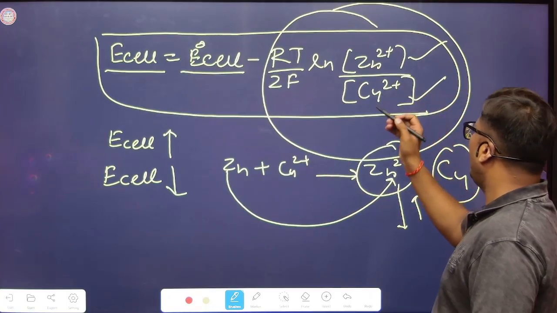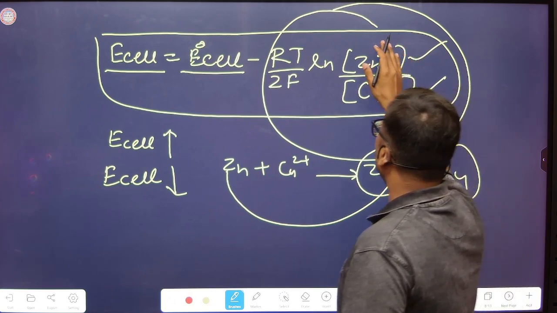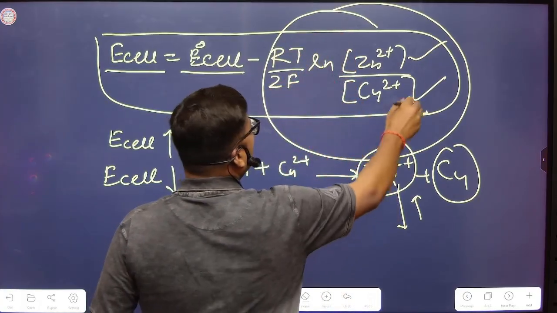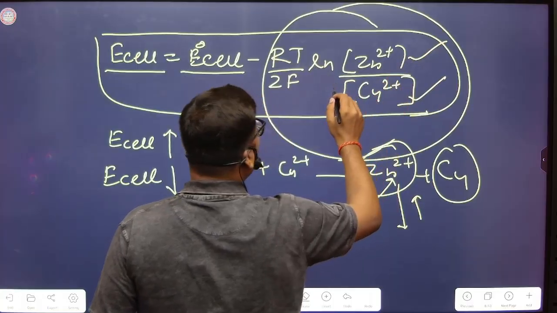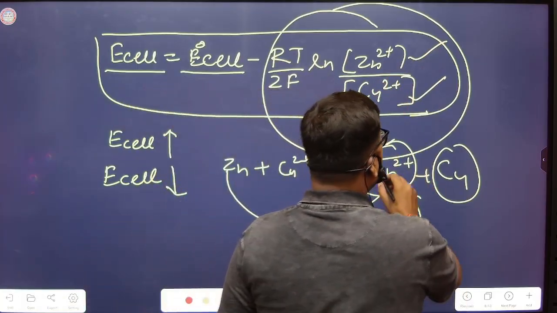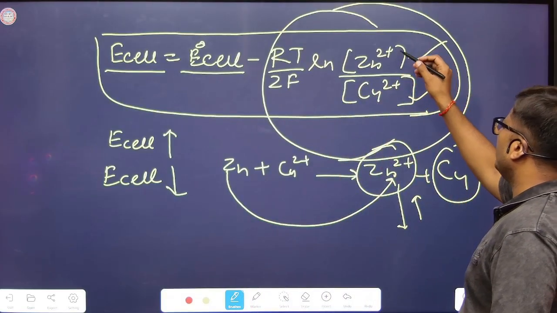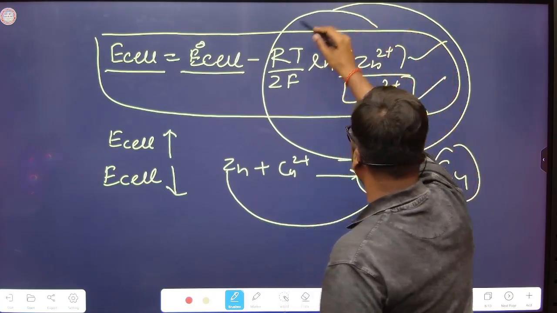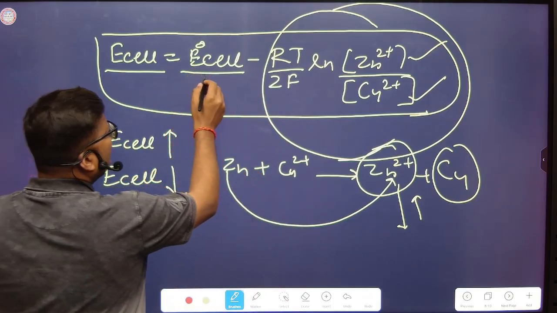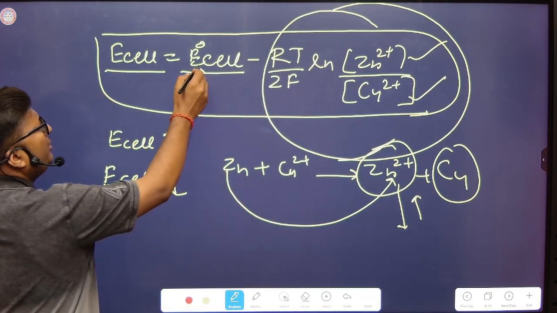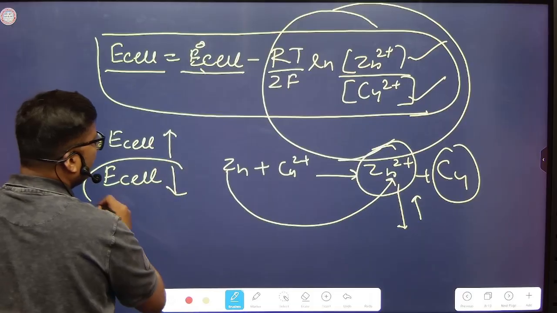So overall the concentration of Zn2+ increases, and because Zn2+ is in the numerator, the value will be high. So it will be subtracted from E naught, so the E cell decreases, right?